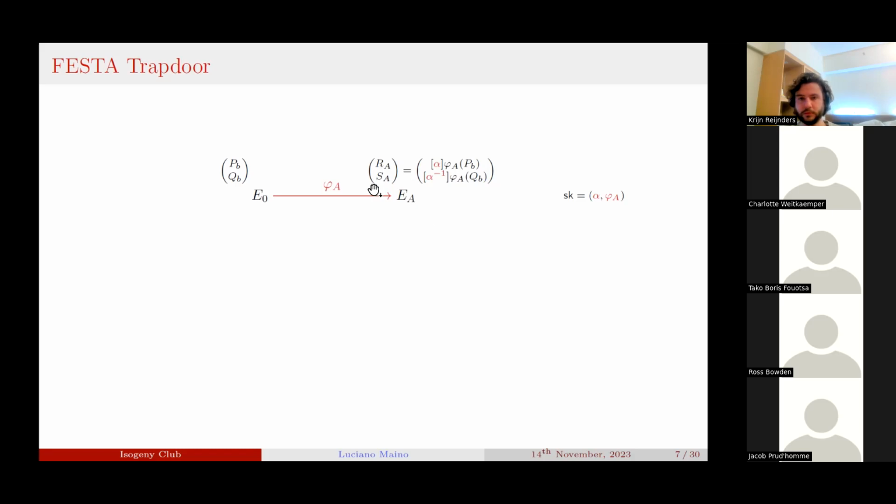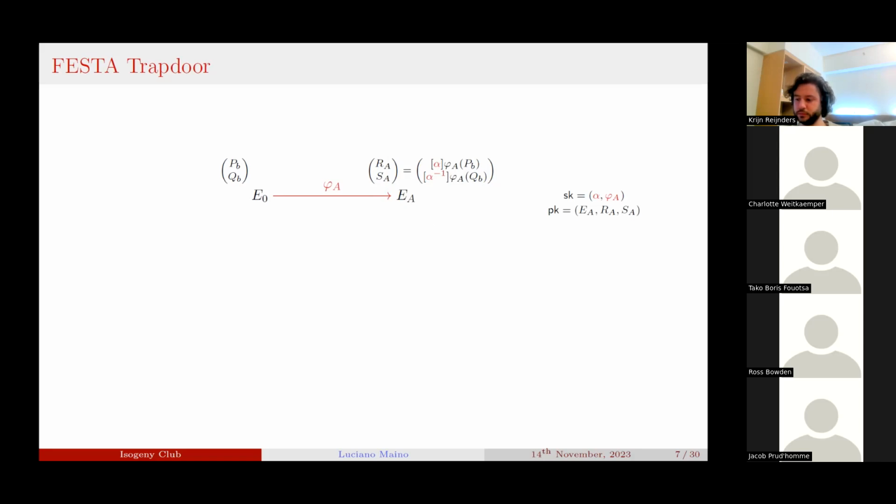And we call the scaled torsion RA and SA. So the secret key will be given by the secret scalar alpha and the isogeny phi_A, whereas the public key will be given by the elliptic curve EA and the scaled torsion RA, SA.